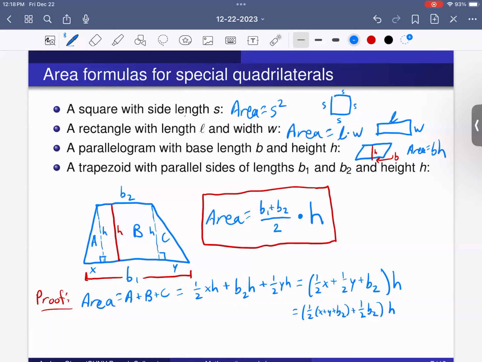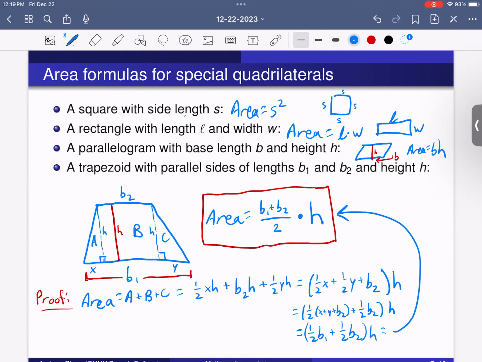All I did was break this up so that I pulled off half of the B2 and put it into this term, and I left a remaining half of the B2 over here. So this is 1/2 X plus 1/2 Y plus 1/2 B2 plus another half B2. But what's X plus Y plus B2? That's just the length of this side, so that's just B1. So this ends up being 1/2 B1 plus 1/2 B2, times H, which is exactly the formula that we want, exactly this formula over here.